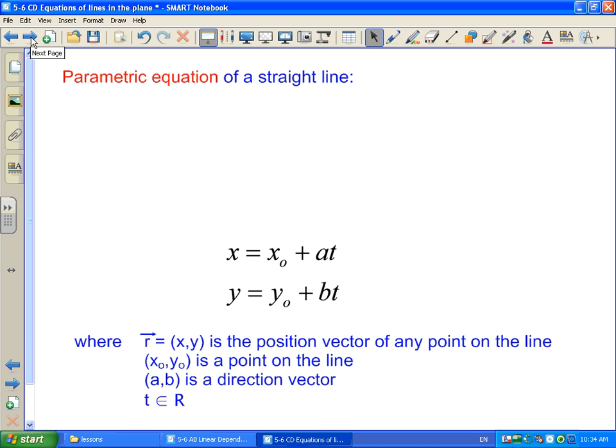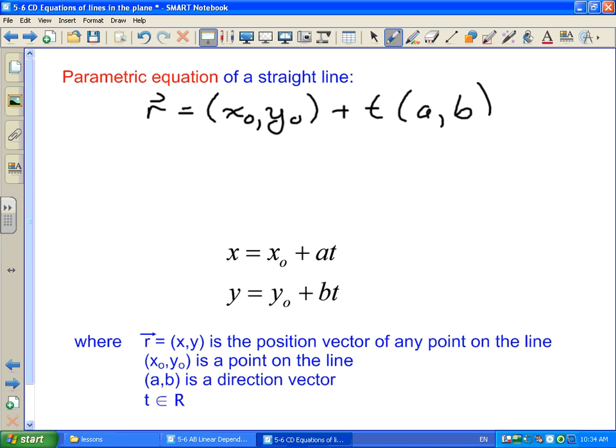There's another form that we're going to talk about right now, and that's what's called the parametric equation of the straight line. Now, the parametric equation starts from our vector equation. The vector equation is almost always the easiest one to find, so you should probably find that one first. So if we start with our vector equation, which was some starting point, x naught, y naught, plus some scalar t times our direction vector, AB, where this is, of course, any point that is on the line.